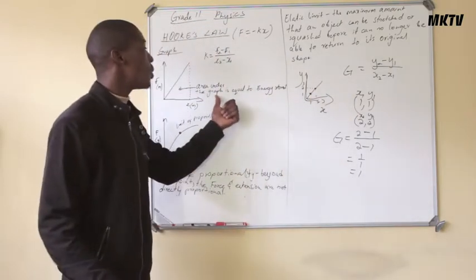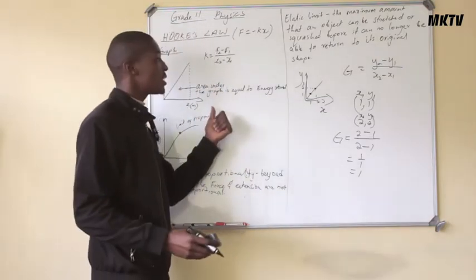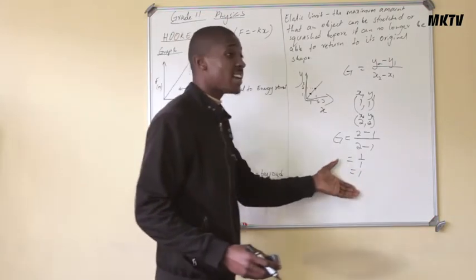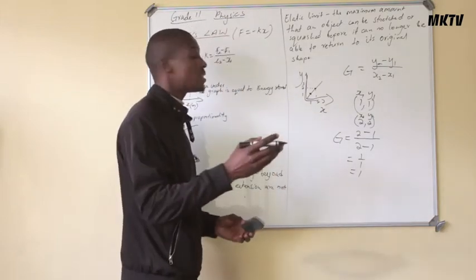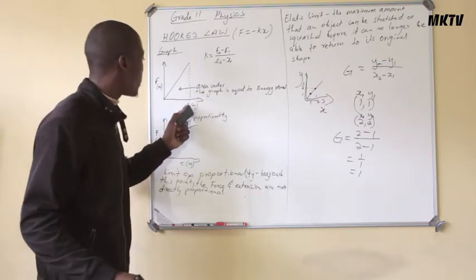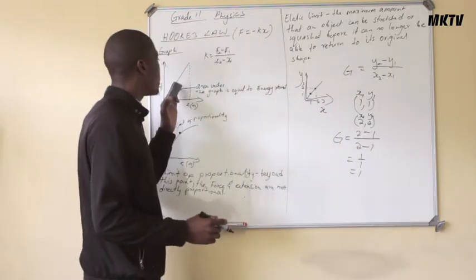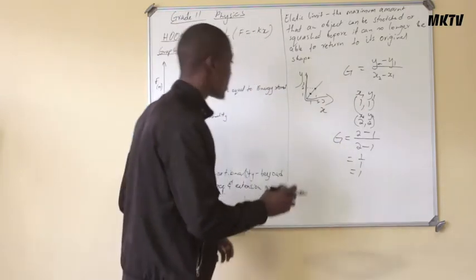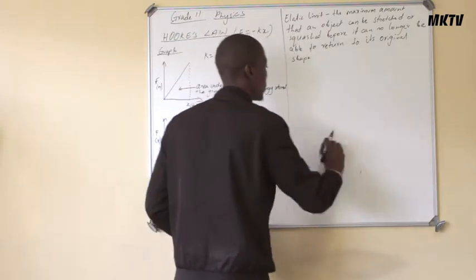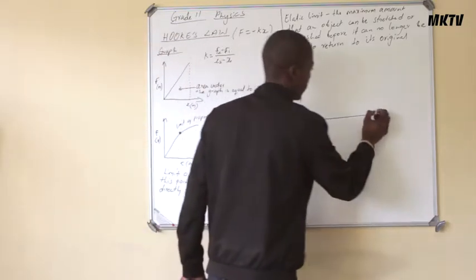Going back to our Hooke's law graph, if you are to calculate the spring constant, you would look for the gradient. But this time the axes are labeled with force and the extension of the spring. Therefore, you will be taking the coordinates from the graph. So let's make an example of a Hooke's law graph and see how we calculate the spring constant from the graph.